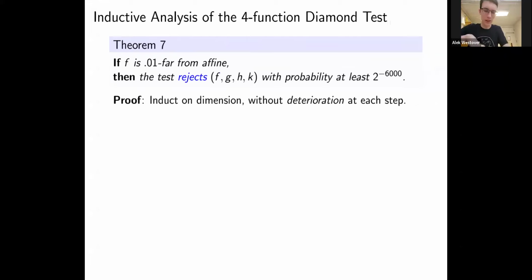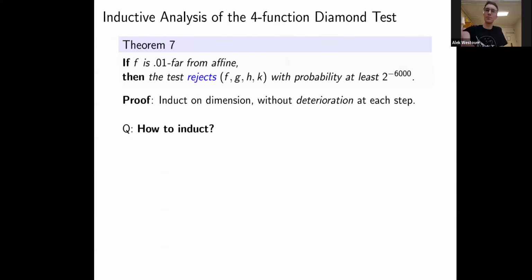The way we're going to do it, as I've alluded to, is we're going to induct on the dimension. If you try to naively induct on the dimension, you might have some deterioration of your rejection probability by a factor of half each time you increase the dimension, and that would be awful. There's no way you would get a good quantitative bound like that. But we're going to use the dichotomy theorem to avoid that deterioration.